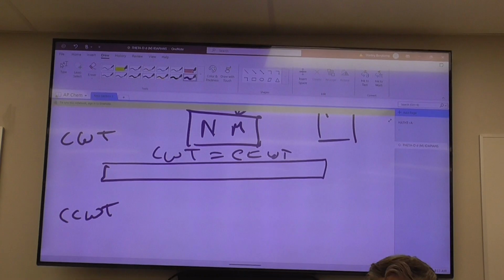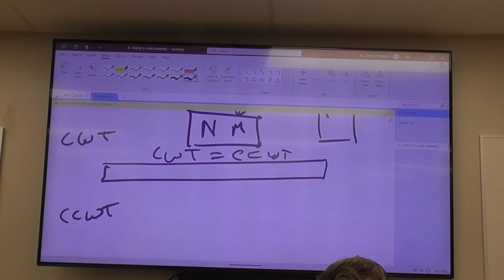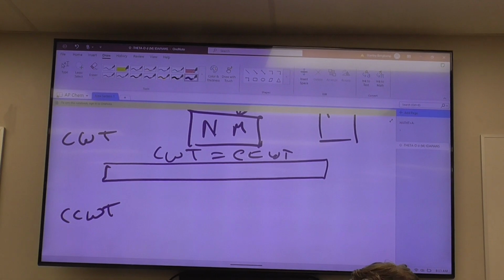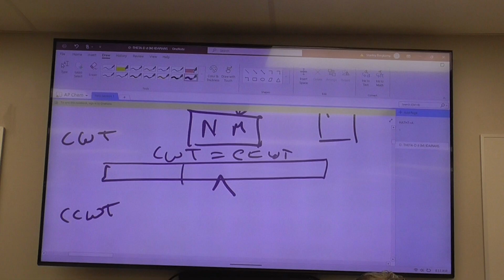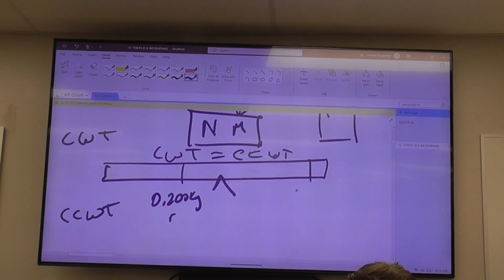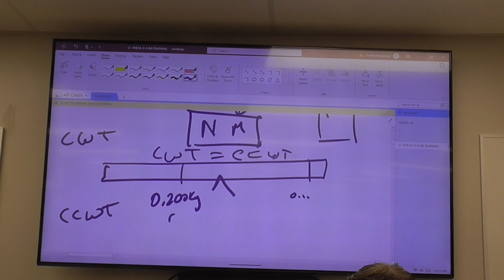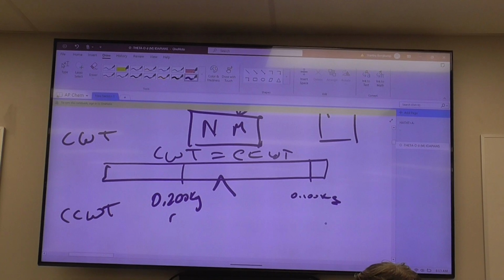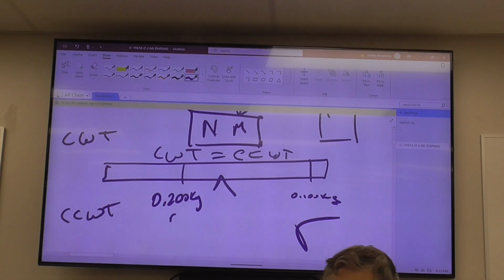But what's the equalizing variable? Distance, how far you are from the center. This is why, if this thing is balanced in the middle, which it is, I can have a 0.2 kilogram mass with a small radius balancing out a smaller mass over here that has a bigger radius.